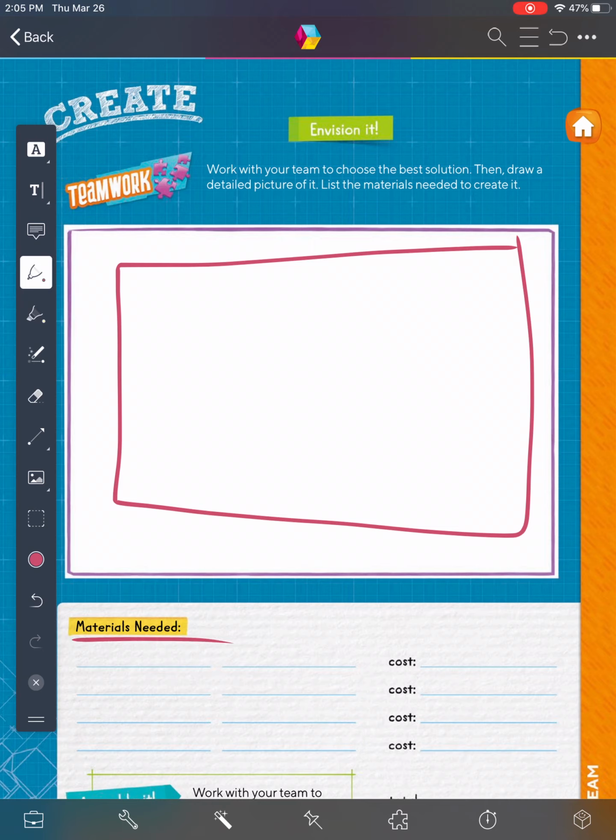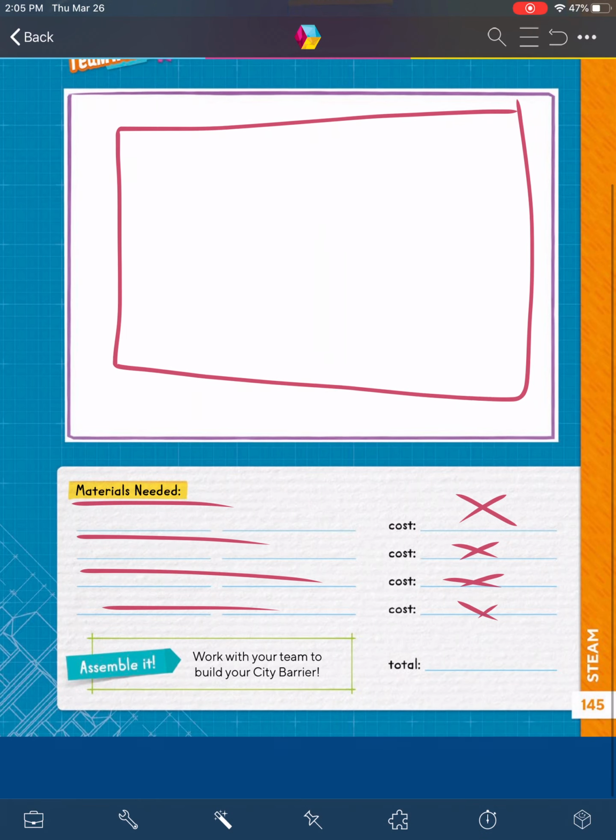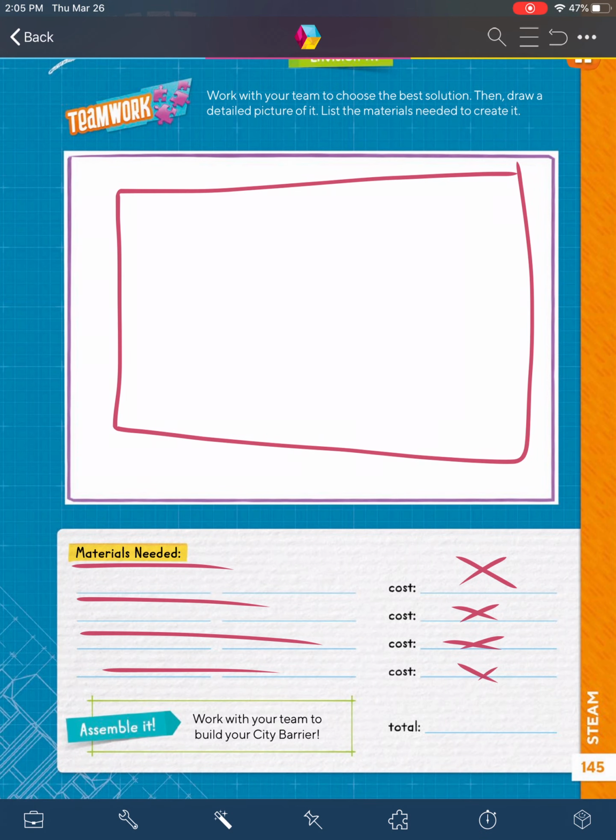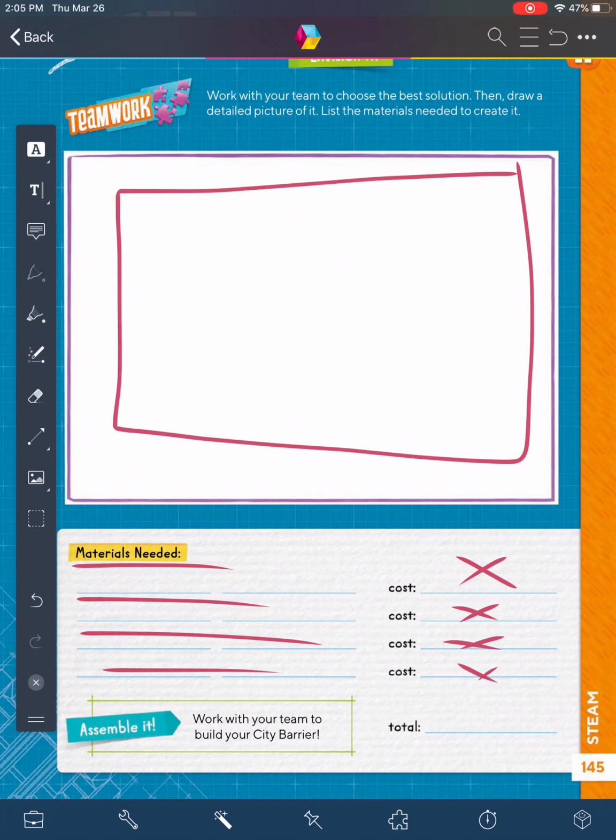And here you're going to list the materials you need. For this time, they won't have a cost because I'm asking you to find materials that you can have at home. Okay? So, after you have decided the best solution and drawn it here and listed the materials, you have to build it, okay?